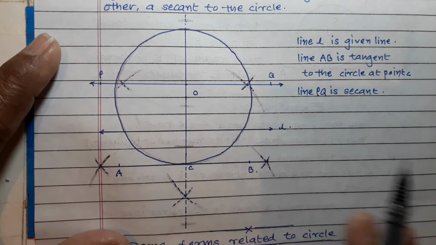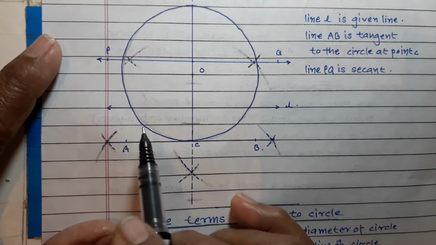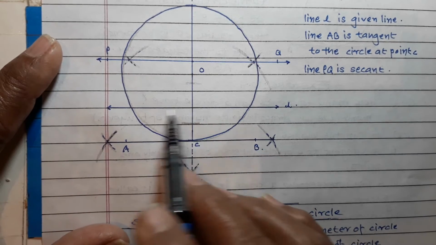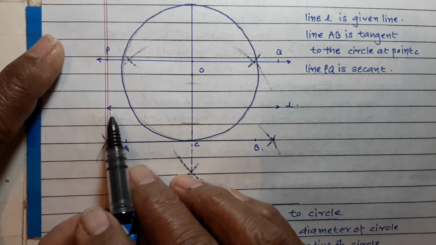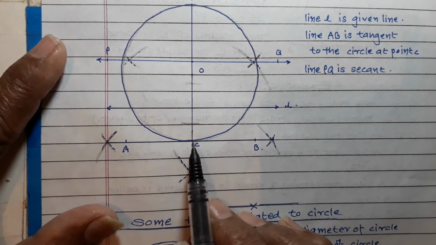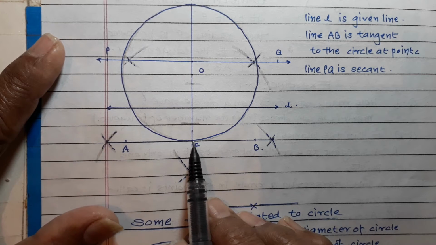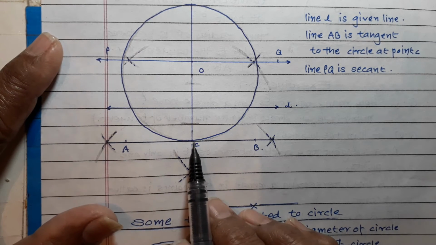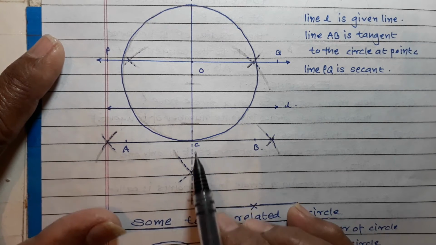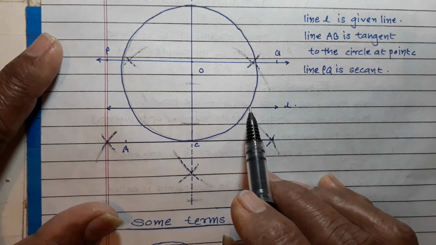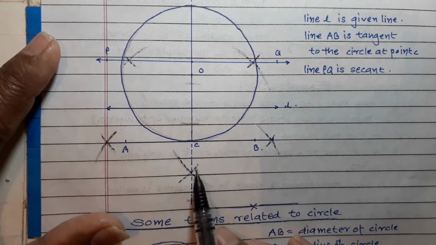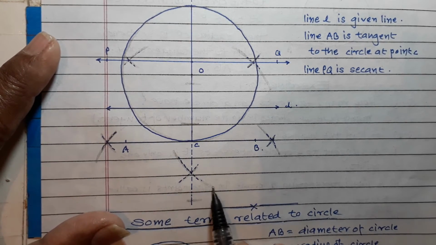Now, how do you draw this? First, draw a circle with center O and draw the given line L. Then draw a parallel line passing through point C. So you can draw a perpendicular to line L passing through C. Keep your compass point here, take some distance more than half, and draw an arc.